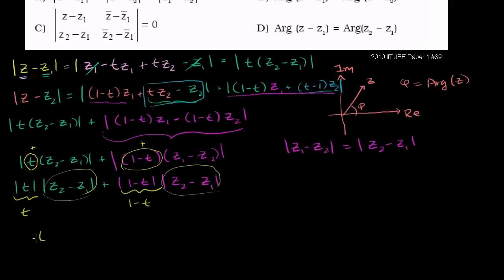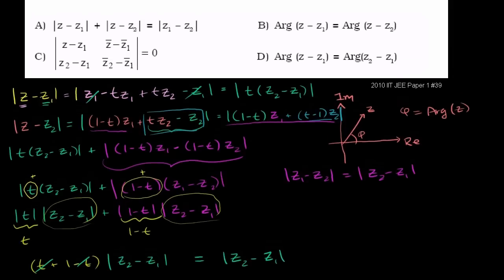We're going to get t plus 1 minus t times the absolute value of z2 minus z1. Now, the t's cancel out here. We just got a 1 out front. So this is just equal to the absolute value of z2 minus z1. So we see that choice A does work. This plus this does indeed equal that.